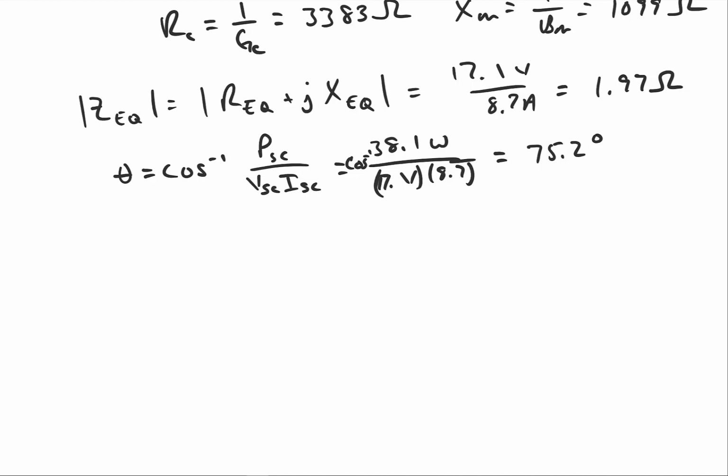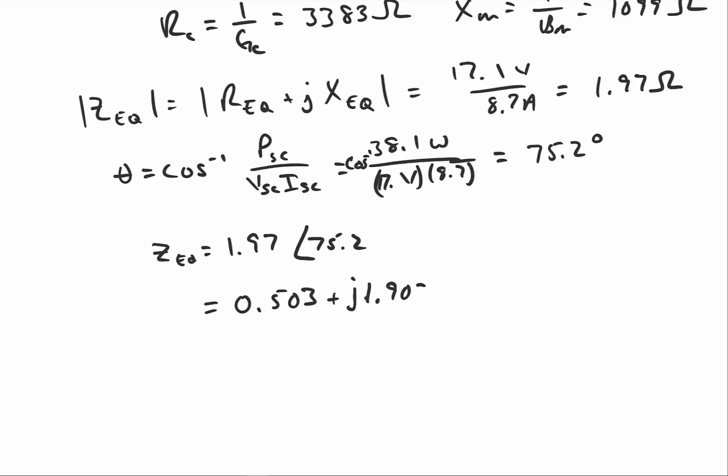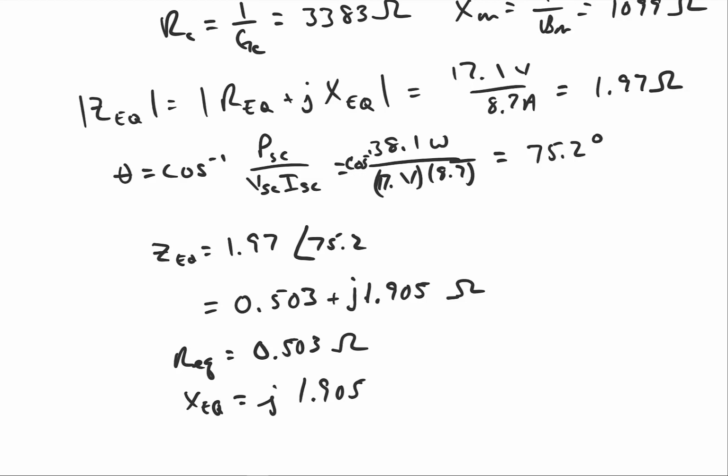And then, so I have 1.97 at an angle of 75.2, and if I want to convert that to rectangular coordinates, it turns out to be 0.503 plus j 1.905 ohms, so R equivalent is 0.503 ohms, and X equivalent is 1.905 ohms.